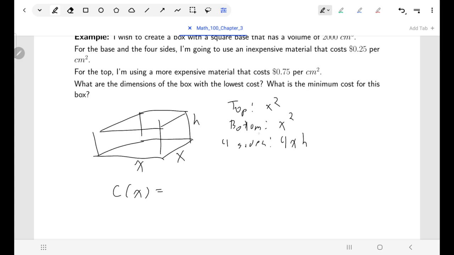So for the bottom, the x squared, I'll use the 25 cent material, so the cost times the area. Same thing for the four sides, it's also the 25 cent material, so cost times the area for the four sides. And then for the top, it says I'm going to use a more expensive material. It costs 75 cents per centimeter squared. So for the top, 75 cents times the top area.